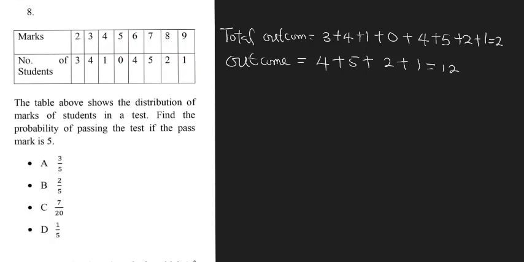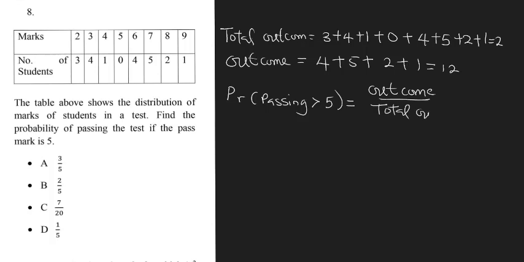In this case, we're going to say the probability of passing, which will be what? Above 5, is equal to outcome all over total outcome. So what's our outcome? Our outcome is 12. See it here?